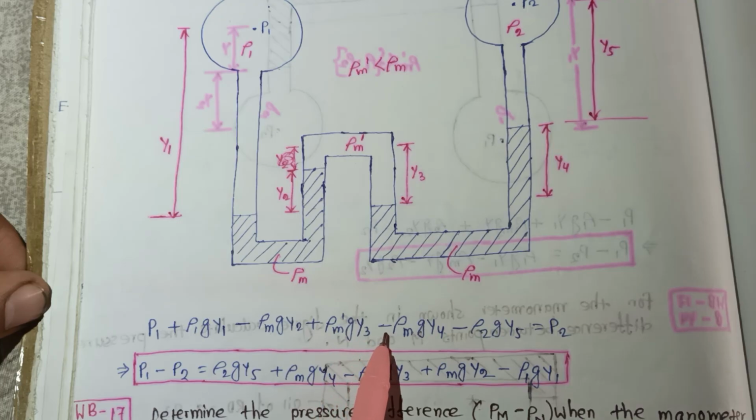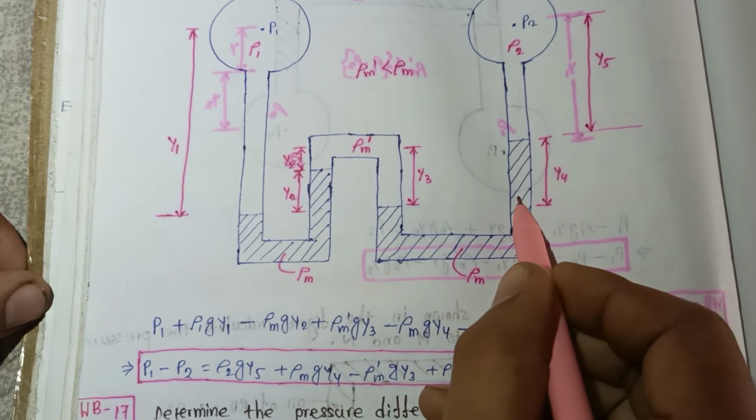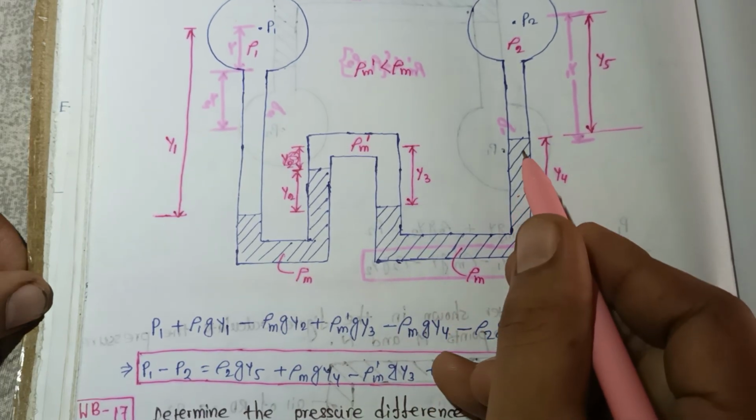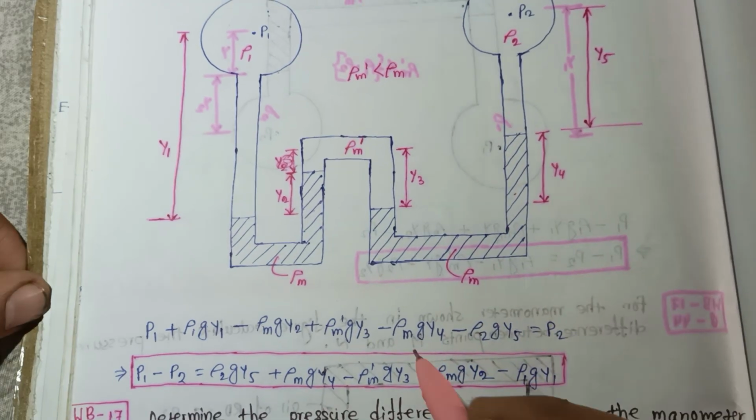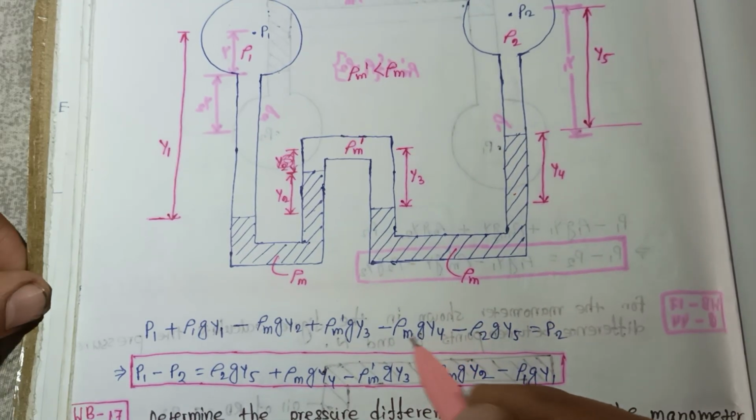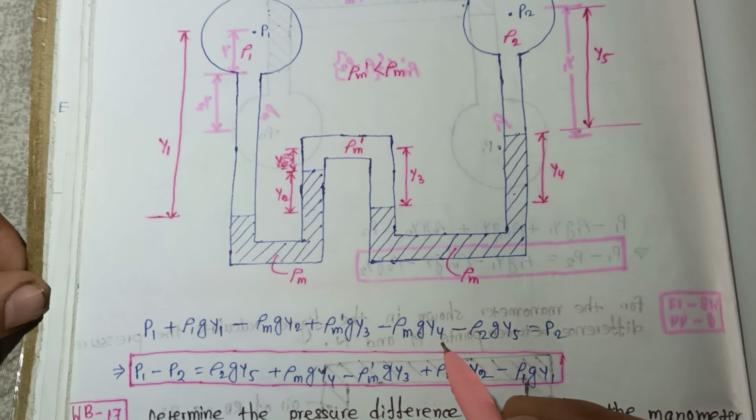Now it goes to this point, where there is upward movement, so this will be minus ρm g y4.